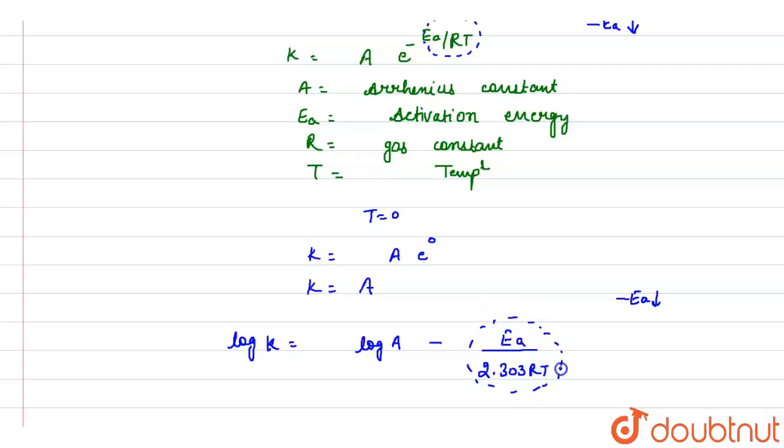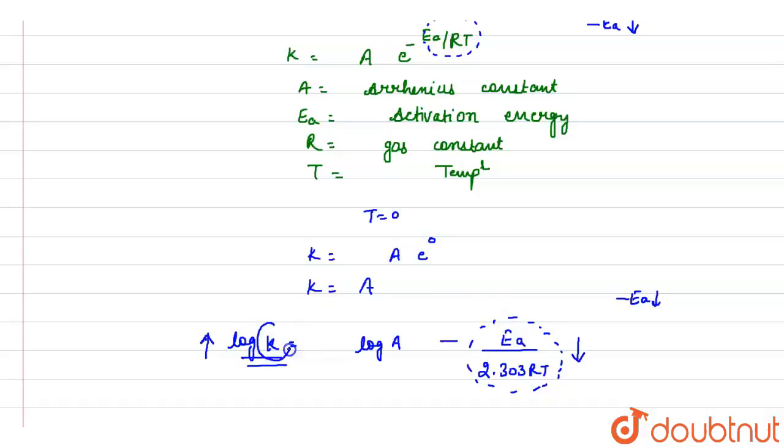So basically when the value of activation energy is decreased, this whole value decreases, because EA is in the numerator, and this is a negative term. When the negative term decreases, the value of the rate constant increases, because EA is in the negative form, and because of the decrease in EA, this whole value decreases. That's why the value of log K increases.